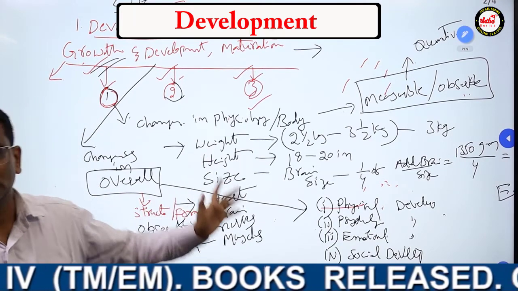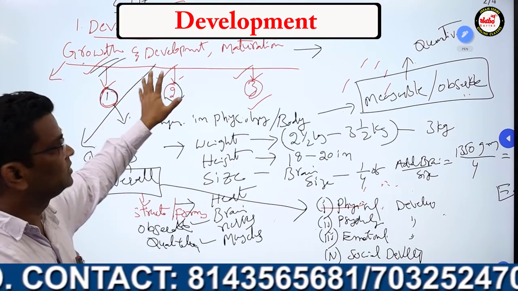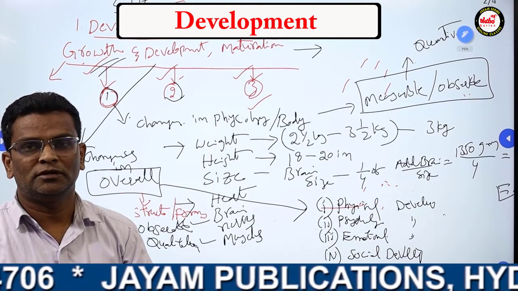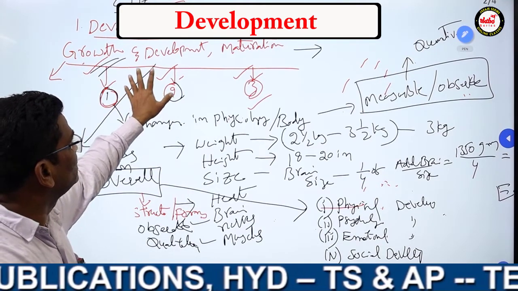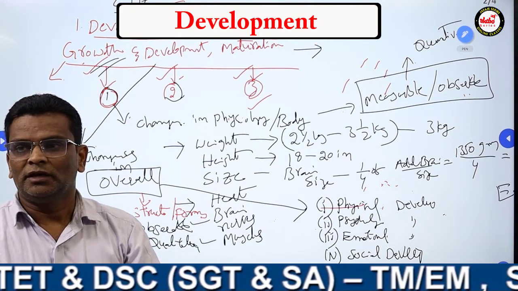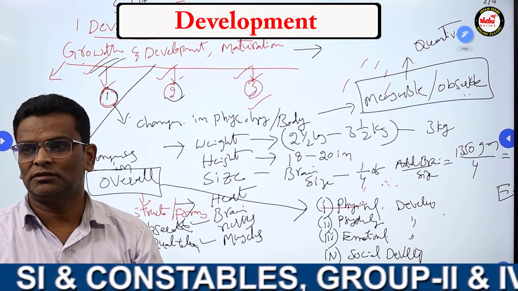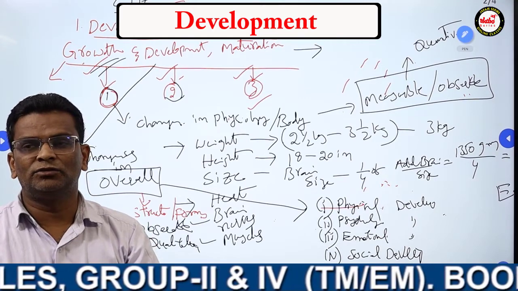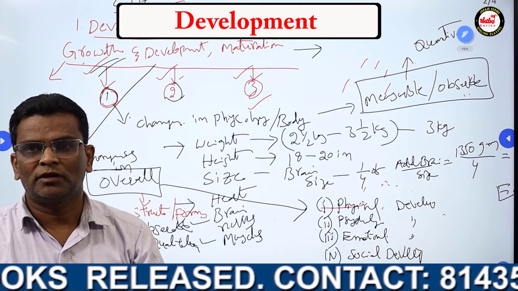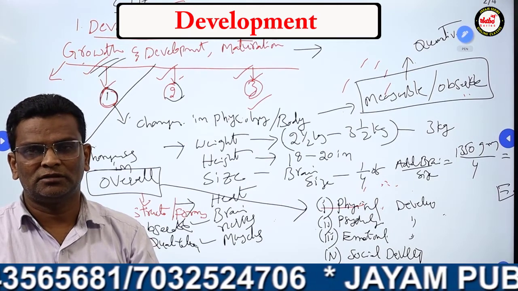Next one is, what is the importance of growth, development and maturation for a teacher? A teacher has to know about these three things. Why does he have to know? To give proper guidance to the students, to counsel the students at what time what to do, to know the problems faced by the students.